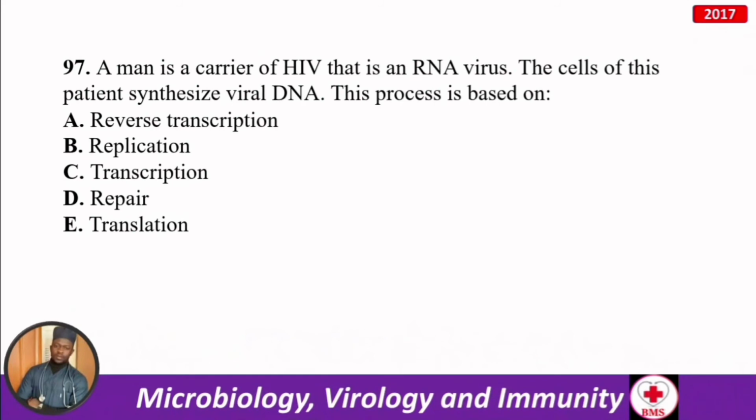MN is a carrier of HIV, which is an RNA virus. The cells of this patient synthesize viral DNA. This process is based on what? You know that HIV is an RNA virus, and when it enters the host cell, at first it needs to be converted to DNA.